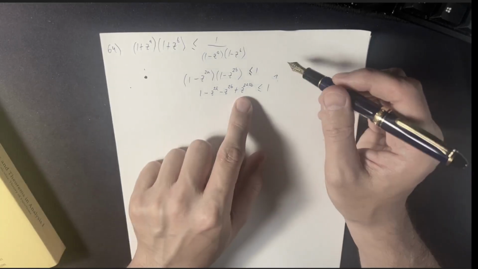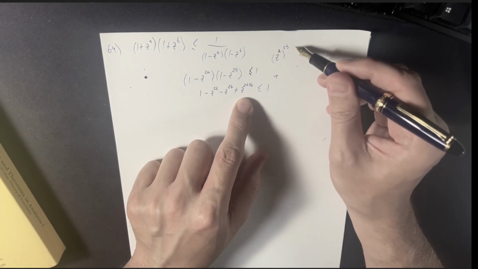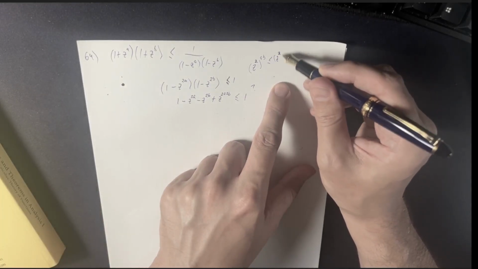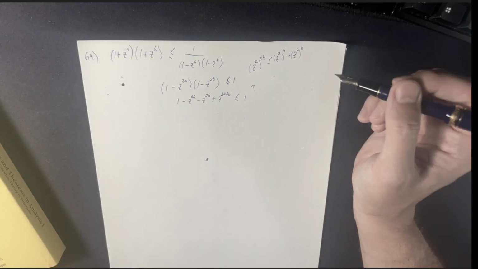So is it always the case that z to the ab is going to be less than z to the a plus z to the b?